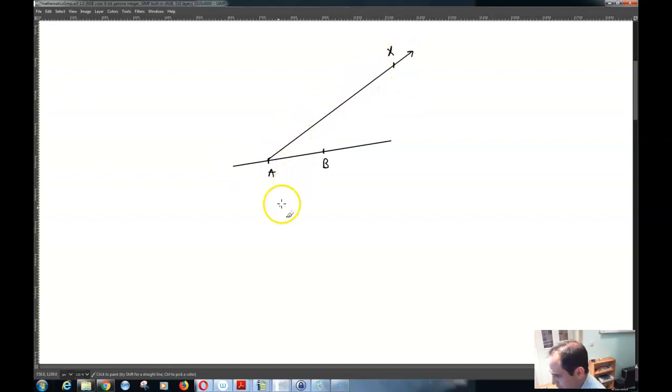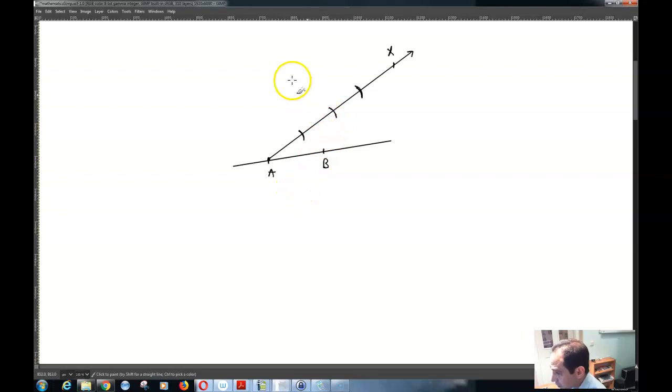Open your compass to any diameter, though the markings have to be reasonably spaced. You put the needle of the compass over here, then one marking over here, another marking over here, and another marking over here.